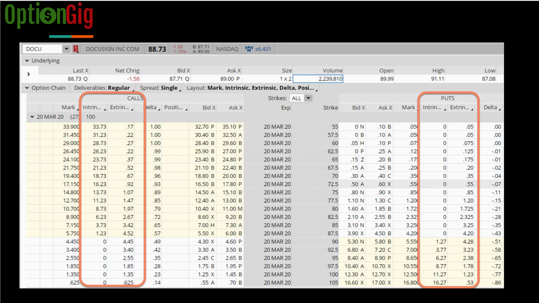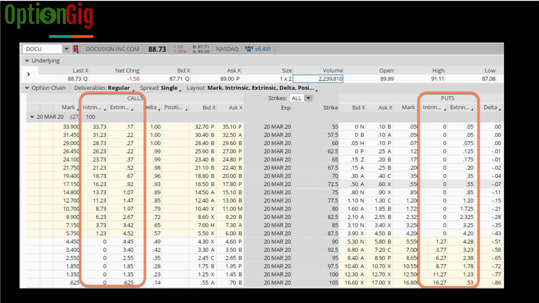let's talk about DocuSign. So at the time of recording, DocuSign is trading at $88.73. So that was the last price at which it traded.